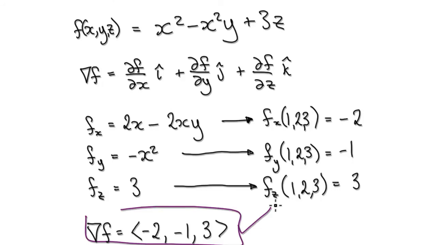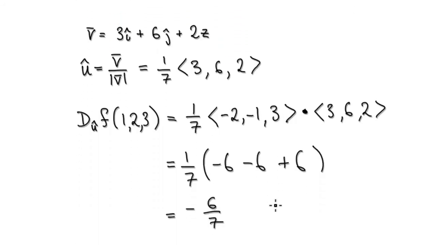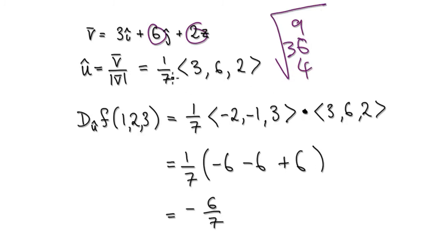We now need our unit vector. So looking at our vector, we've got to convert this vector into its unit vector. So the unit vector is given by the vector divided by its magnitude. The magnitude of this will be 3 squared, 6 squared will be 36, 4, and then take the square root of the whole thing, it will give you 7.